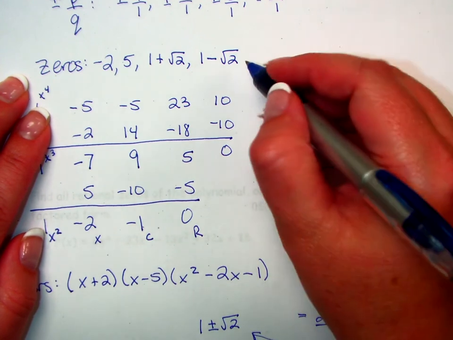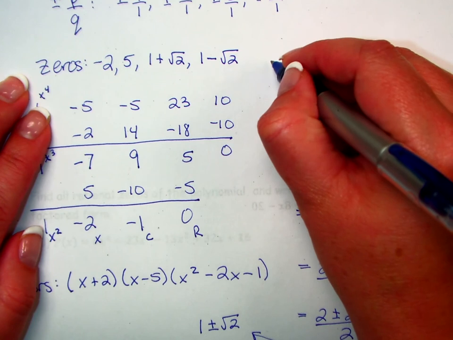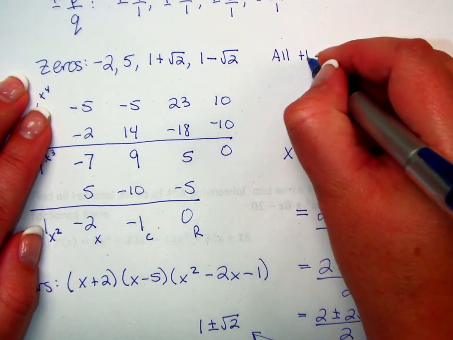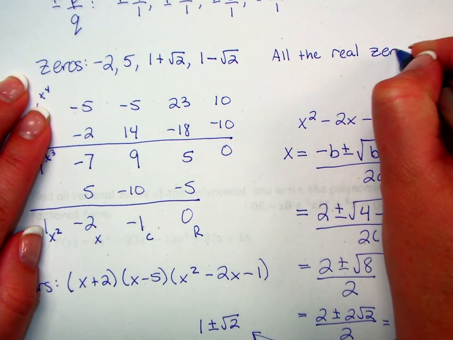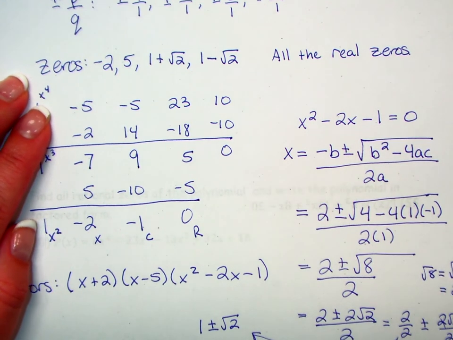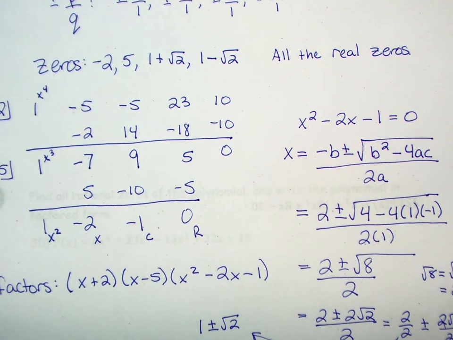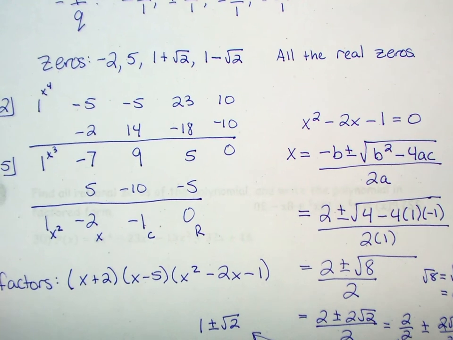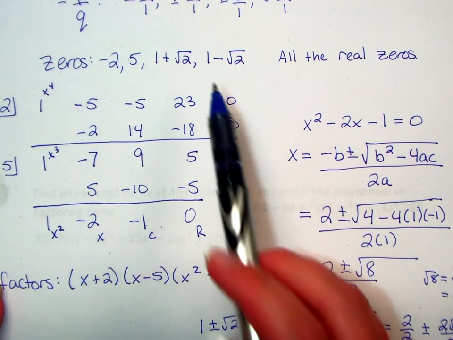These do happen to be all the real zeros. Real zeros are the rational and irrational zeros. If the zero is not real, that's because it's imaginary, right? And in section 3.4, they don't want you to list imaginary zeros, right? So all the real zeros here, here's all 4 of them.